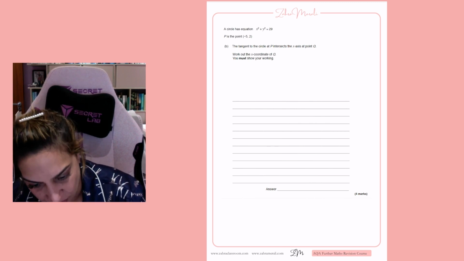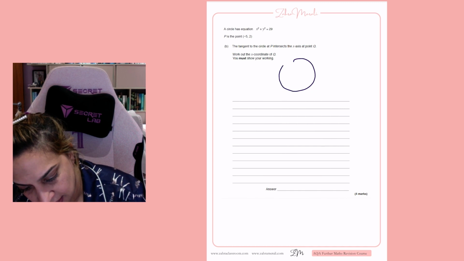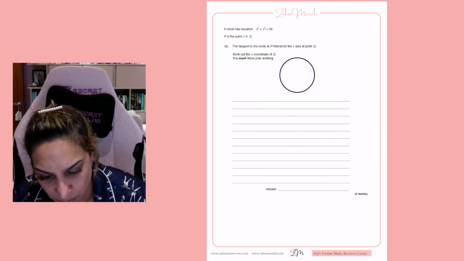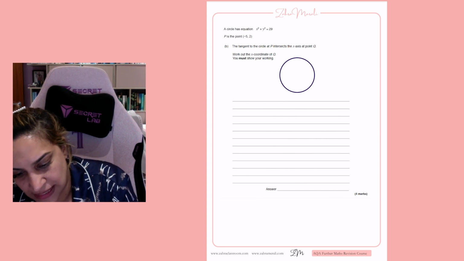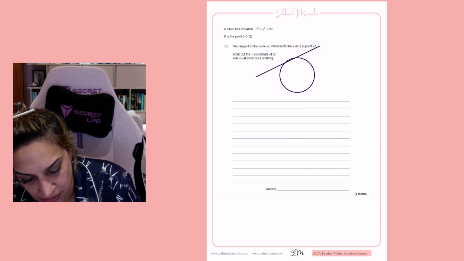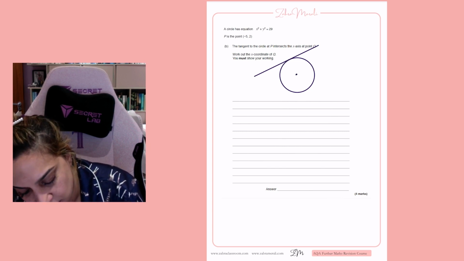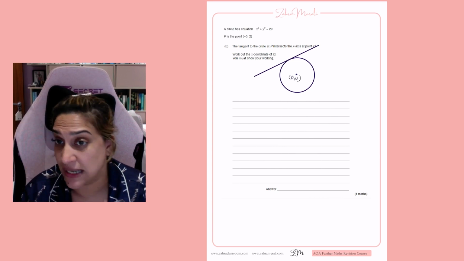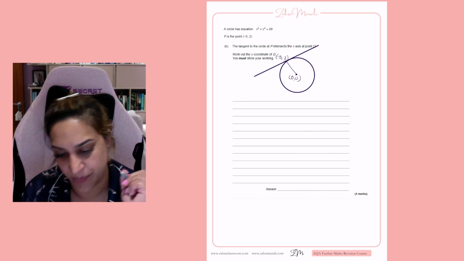So we're given a circle here and we're given a point. Let's draw the tangent here as well because I know I'm going to need it. We've got a circle, center (0, 0), because it's just x² + y², and there's a point here which is (-5, 2).